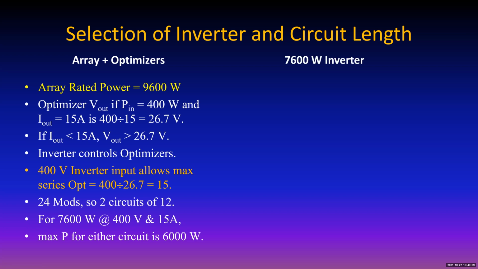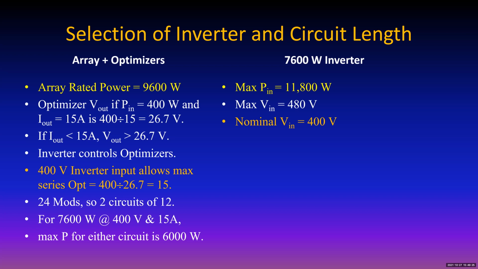So here's your inverter. No more than 11,800 watts in. We're meeting that. We've got 9,600, so the yellow matches. Maximum input voltage 480. Okay, that means it can adjust up to 480 if it wants to. It likes to do 400, but it can go up to 480 if necessary, and that's the inverter's decision to optimize the performance of the system.